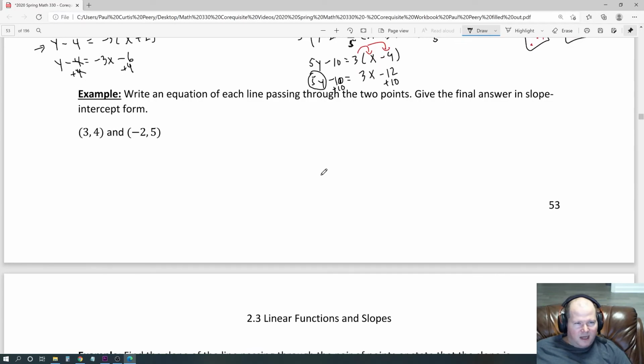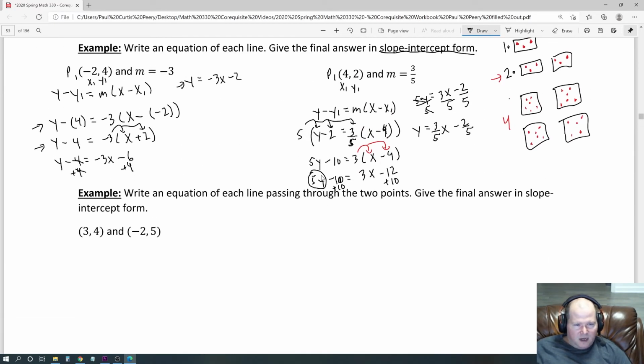All right. So now we want to write an equation of each line passing through the 2 points, giving the final answer in slope-intercept form. Now we know we're going to use the point-slope form. y minus y1 is equal to m multiplied by x minus x1.